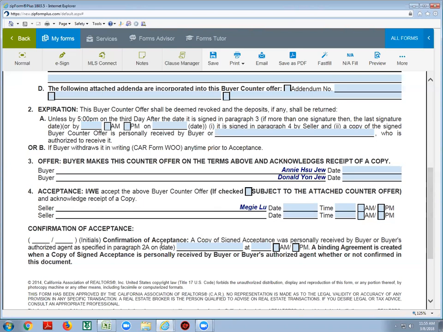They are glad to accept it. Legally, since you already sent out a buyer's counter, you have to withdraw it, unless you did not send it over to them, then that's fine. But as a buyer's agent, if you sent it to the seller and you want to accept the previous terms and conditions or pricing from the seller's counter, then you better withdraw your buyer's counter using the WOO. Never tried it before, but legally, yeah, it can be done.